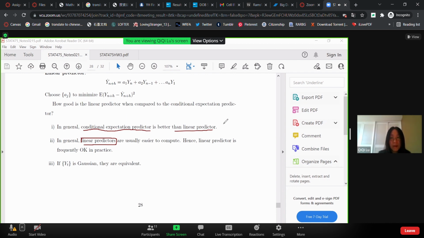But theoretically, this is always better than the linear predictor. When you have a Gaussian time series, where each Y_T is normally distributed, the two predictors are equivalent. So you can easily find the coefficients, and the linear predictor is much easier here.